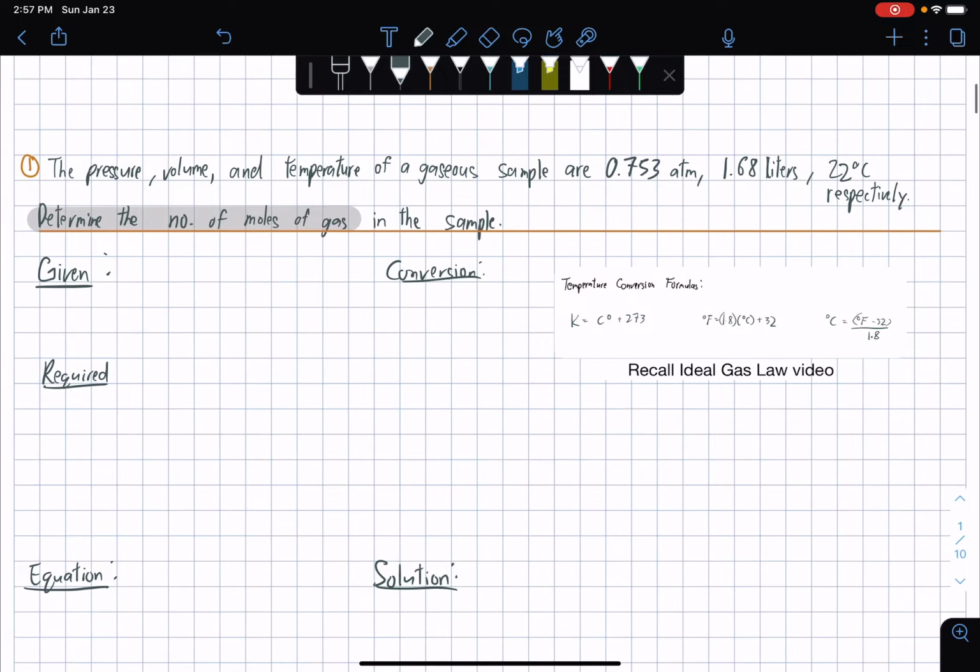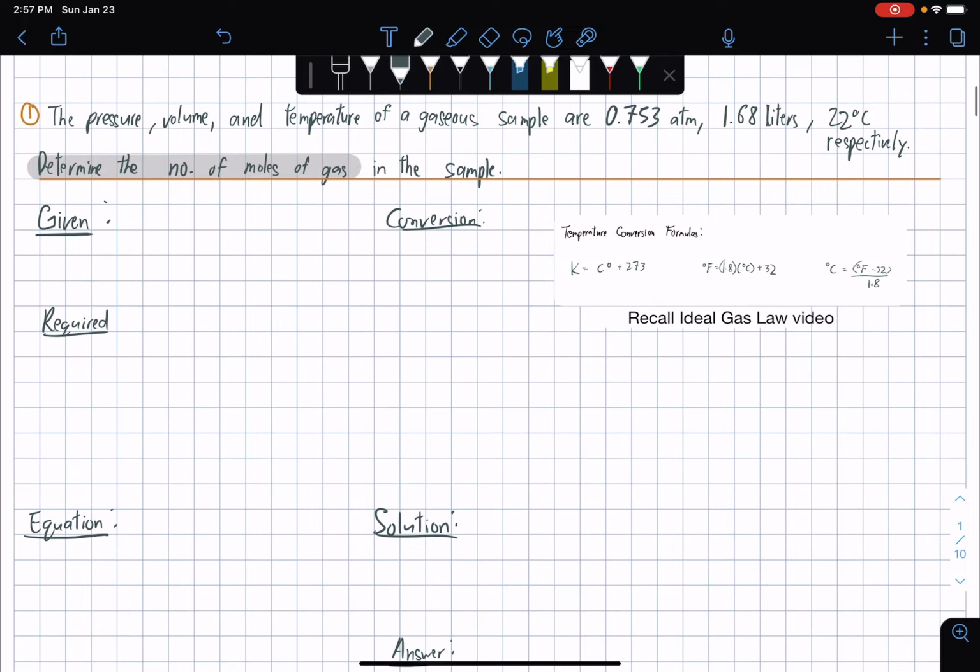So yes, let's start with number 1. The pressure, volume, and temperature of a gaseous sample are 0.73 atmosphere, 1.68 liters, and 22 degrees Celsius respectively. We have to determine the number of moles of gas in the sample. So first, let's enumerate our given. So PV is equal to nRT.